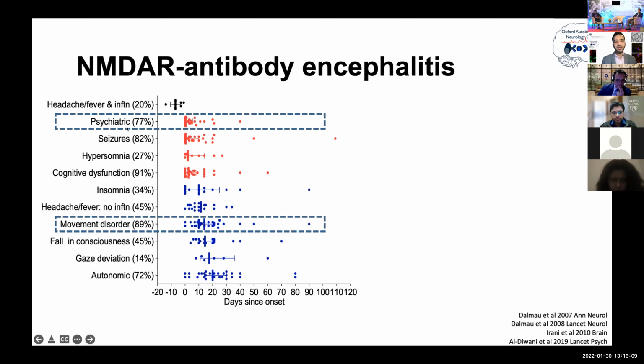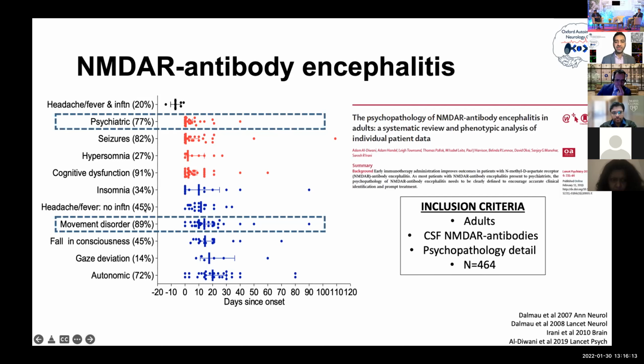And my colleague who's a psychiatry trainee, Adam Al-Dawani, had the idea of going away and trying to review the literature to understand the psychopathology of these patients. Can we pick these patients up really early with a distinctive clinical signature that might allow recognition of these patients by comparison to other primary psychiatric illnesses?